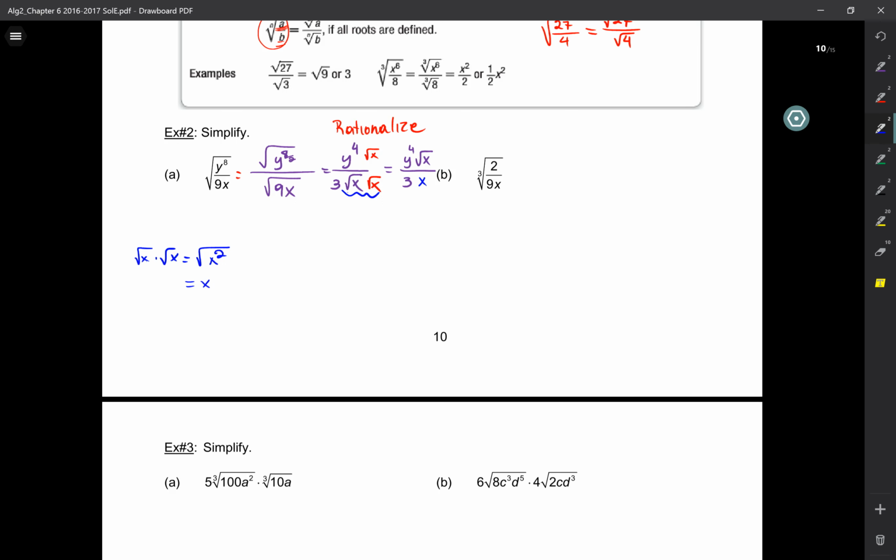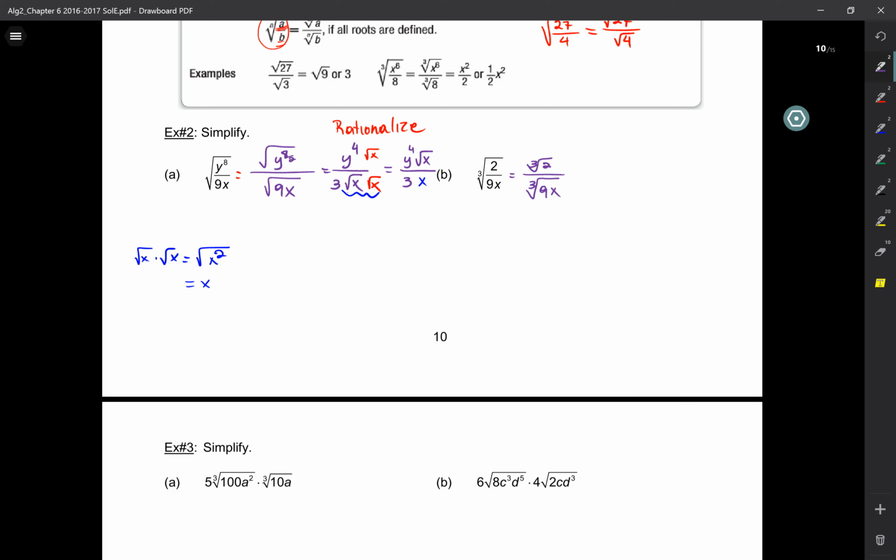All right, let's do this next one. I have the cube root this time of 2 over the cube root of 9x. Now, can I do anything about the cube root of 2? Not really. Okay, what about the cube root of 9?